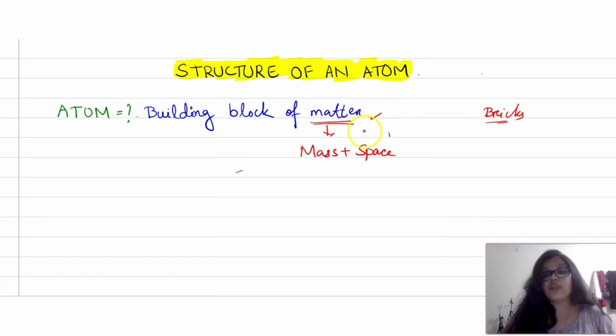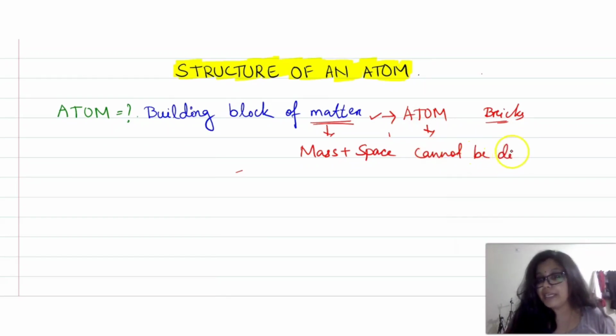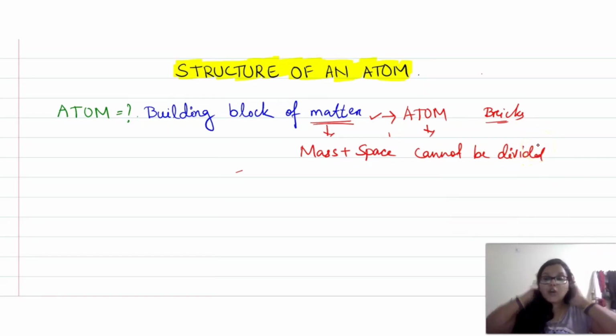That means when you break matter into several parts, the last substance you will have is an atom, which cannot be divided further. Clear? So now we are clear about what an atom is.